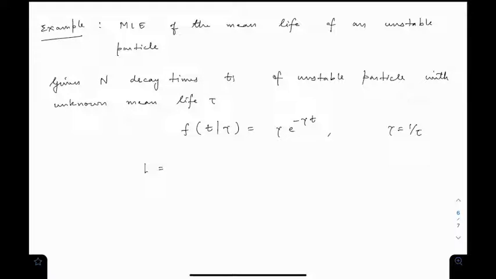So it's gamma to the power n times a product over the exponentials of minus gamma times ti. Since an exponential is involved, a product over exponentials becomes the exponential of the sum. So this is the summation from i equals 1 to n of gamma times ti.